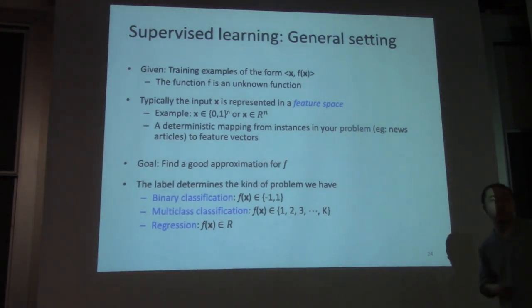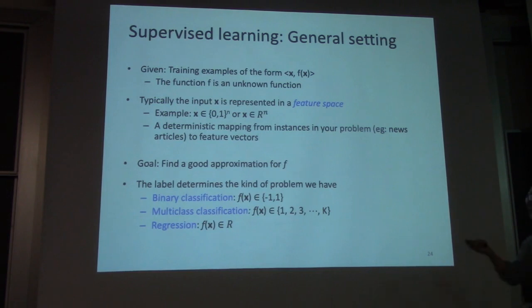If our label space is binary, containing just 2 elements, this task is called binary classification, because your label is just either -1 or 1, either 0 or 1. If a label space is discrete, like 1, 2, 3 until k, then your task is called multi-class classification.